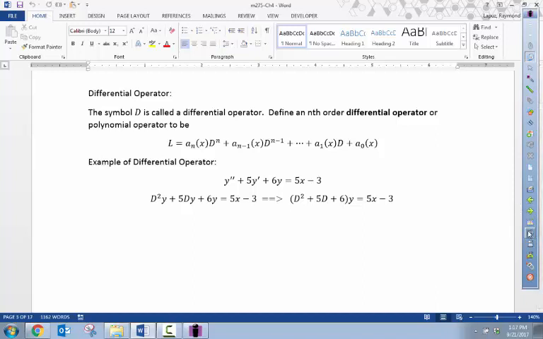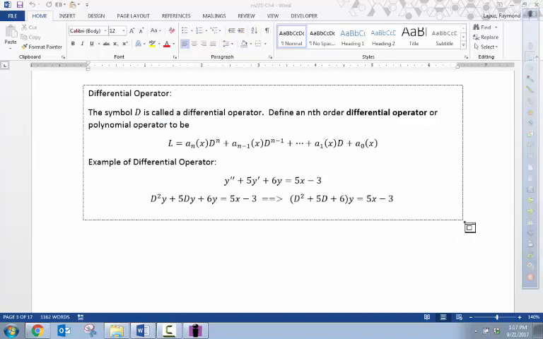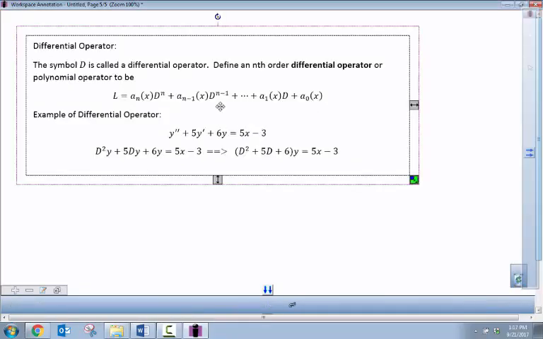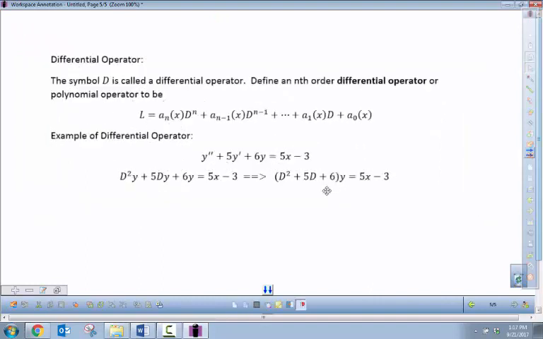I think I'll mention this differential operator, but we're not really going to dig into this too much. Anybody who's taken Calc 3 and might have seen the del operator, it works kind of the same way.